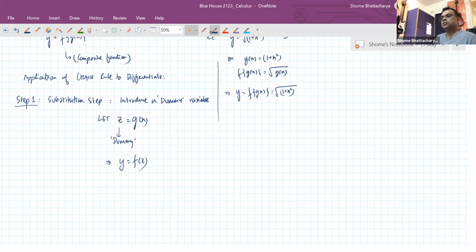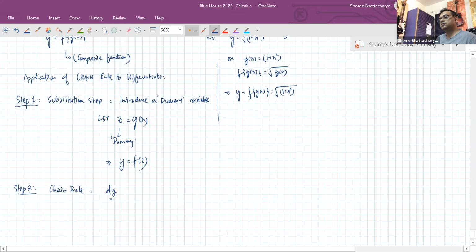Okay, so next step, once we have established the dummy variable, then comes the differentiation step, which is the chain rule application. So we express the differentiation of y with respect to x as the differentiation of y with respect to the dummy variable z multiplied by differentiation of z with respect to x. So this becomes, as you can see from here, f prime z into g prime x.